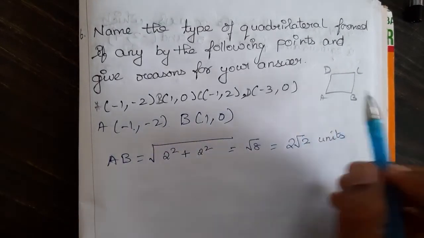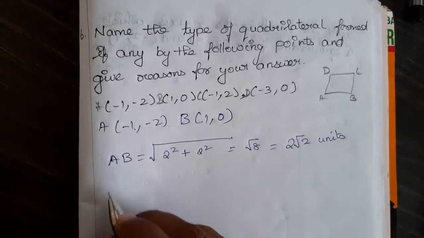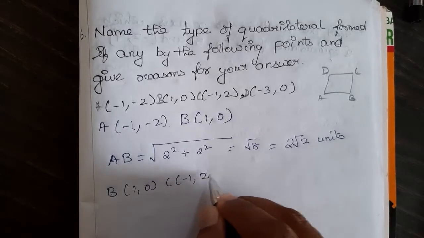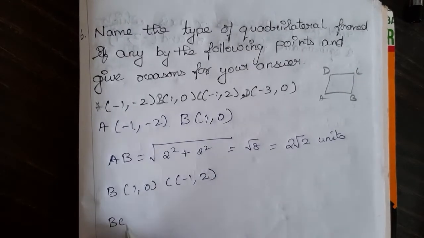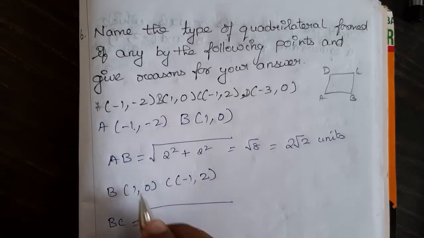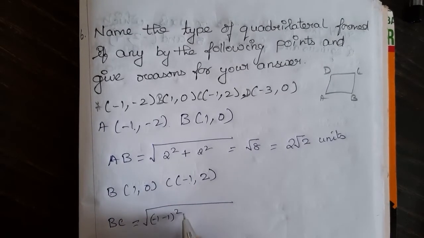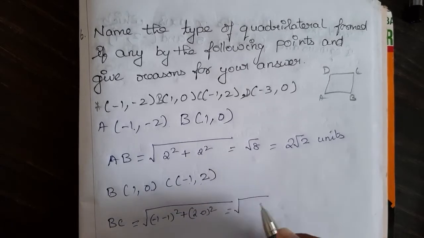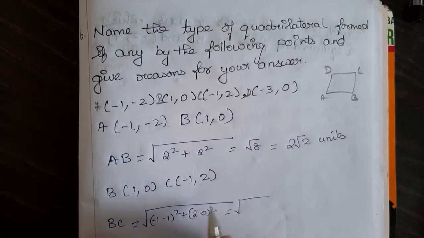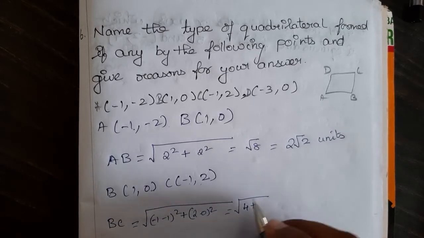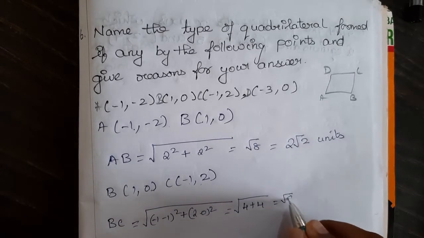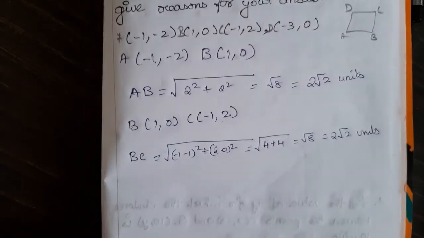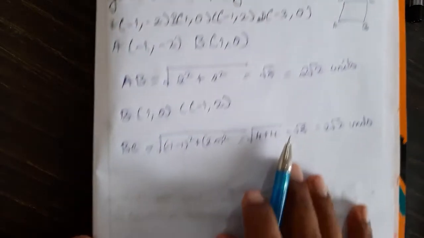And let me calculate the length of BC. B is (1, 0) and C is (-1, 2). So length BC is equal to the square root of (-1 minus 1) whole squared plus (2 minus 0) whole squared, which is the square root of 4 plus 4, which is root 8, equal to 2 square root of 2 units, right?